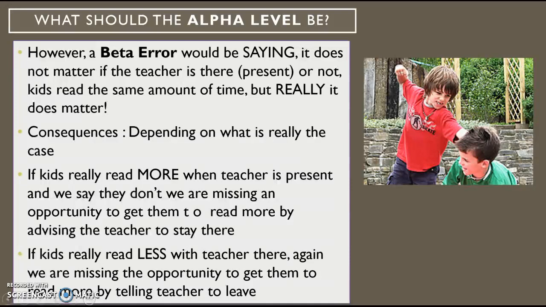Well, if kids actually read more when the teacher's present, and we say, oh, it doesn't matter, then we're missing out on an opportunity to have them read longer. If the kids read less when the teacher is there, then we could also be missing out on an opportunity to have them read longer, because we wouldn't then be telling the teacher, oh, you've got to leave the room because the kids will read more.